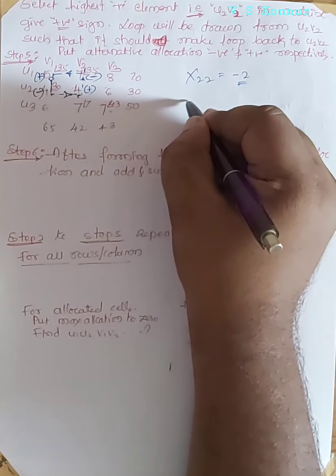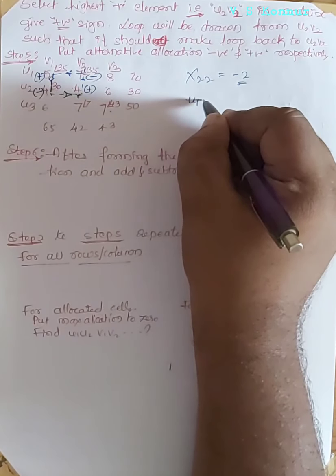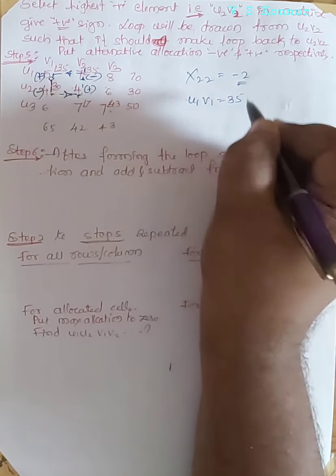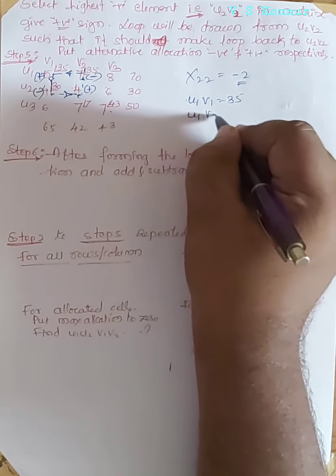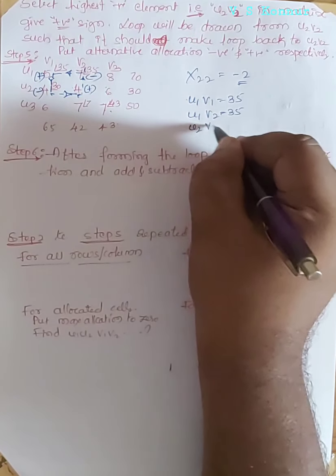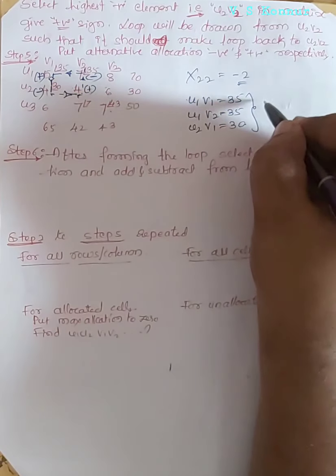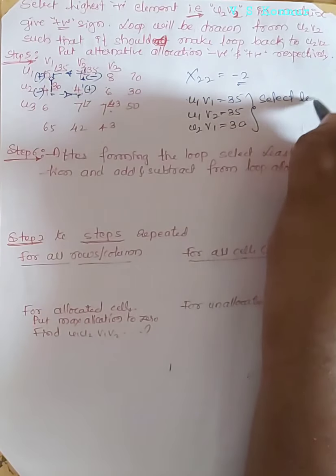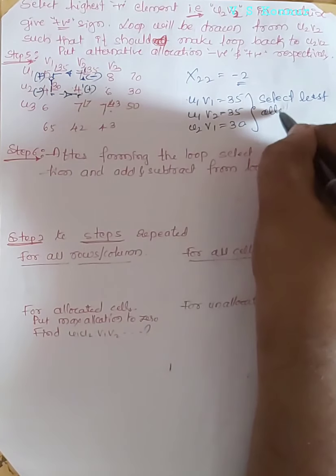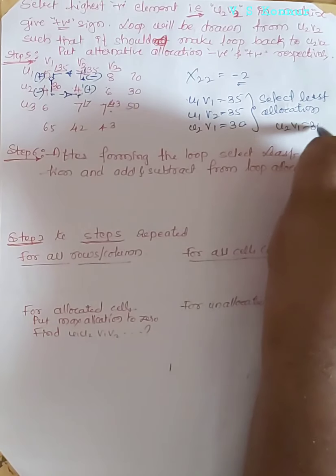Now we have u1 v1 equal to 35 as allocation, u1 v2 equal to 35 as allocation, next u2 v1 equal to 30 as the allocation. From these three allocations, select the least allocation, that is u2 v1 equal to 30.